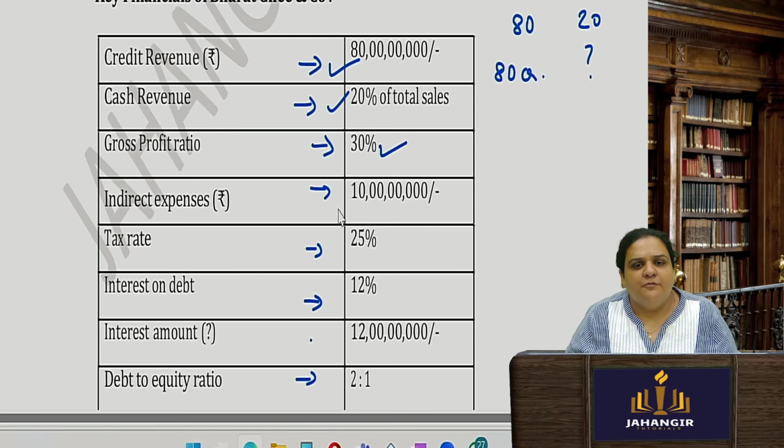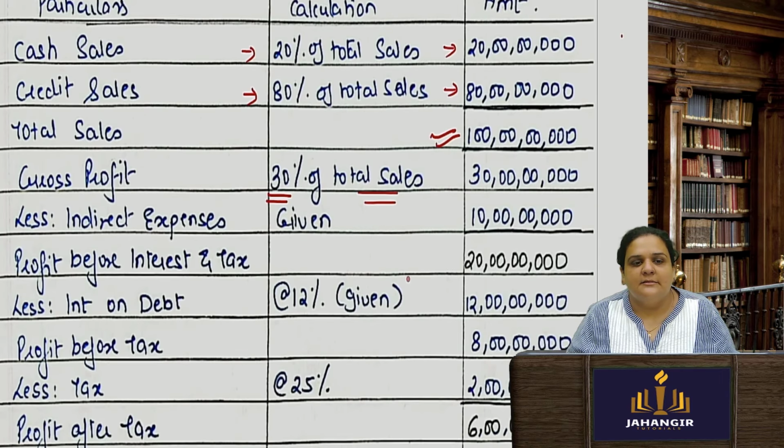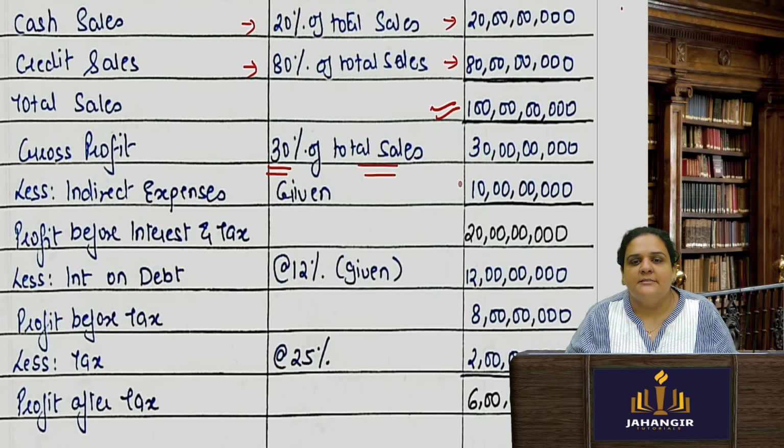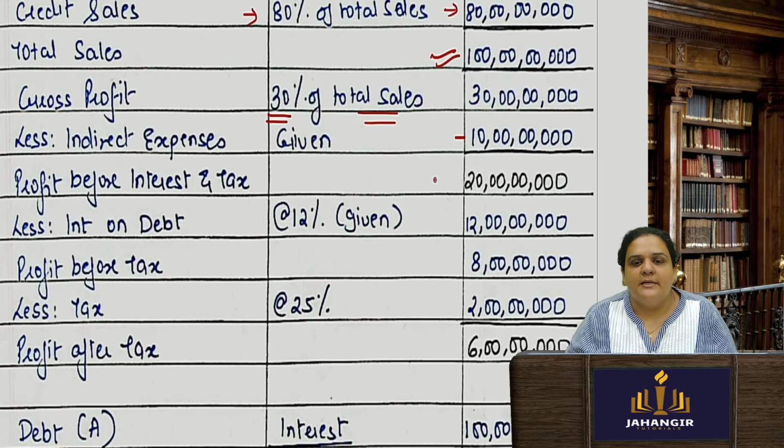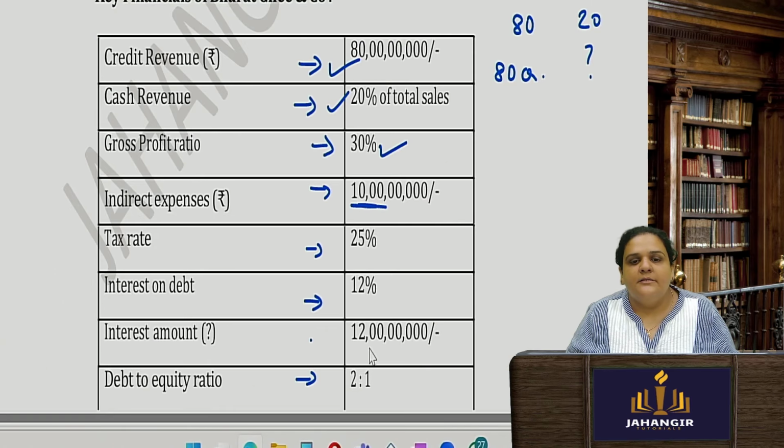From my gross profit, if I remove my indirect expense, I will get my profit before interest and tax. Indirect expense 10 CR is given. Minus it. Profit before interest and tax 20 CR. Less interest on debt. Even that they have calculated. See, interest amount 12 crore. Interest rate is 12%.